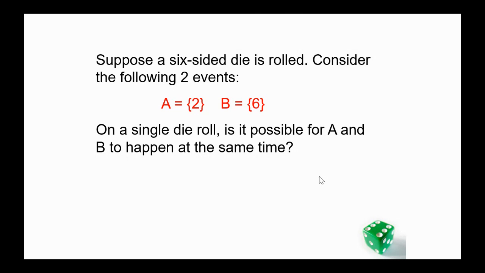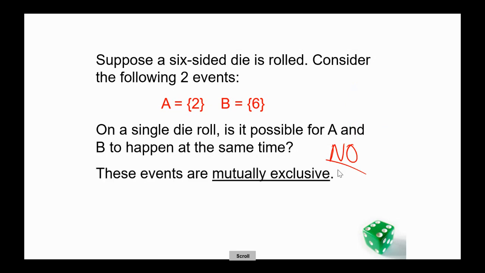No. You can't roll a 2 and a 6 at the same time if you just have one die. So let's write that because I think that's a question on your notes. Let's answer that with a big no. Can't happen. These are mutually exclusive events.